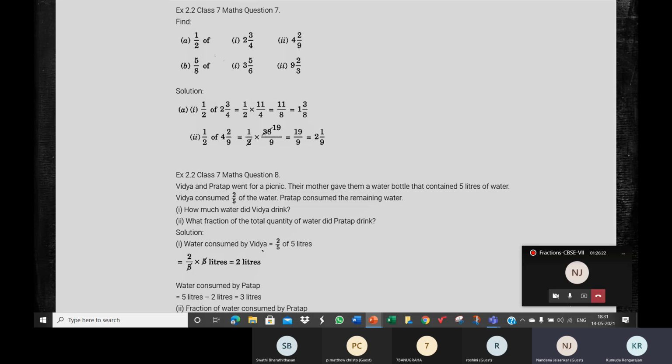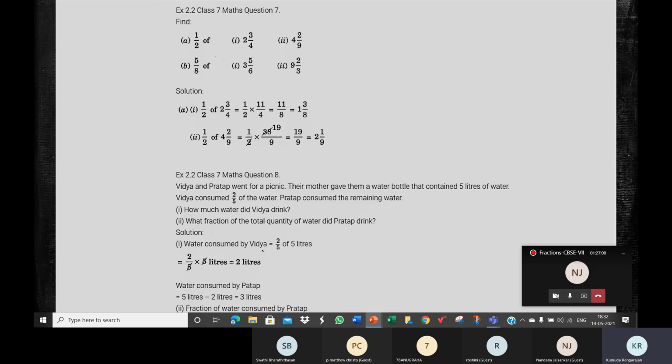Similarly, the second one, completed, children? 5/8 of, meaning into 9 2/3. 9 2/3 is 29/3. So you should know what next. Otherwise, every sum will be difficult. This is multiplication. So how do we multiply? We take a number from the numerator and the denominator and simplify using the same tables. Nothing is possible. So what's the next step?